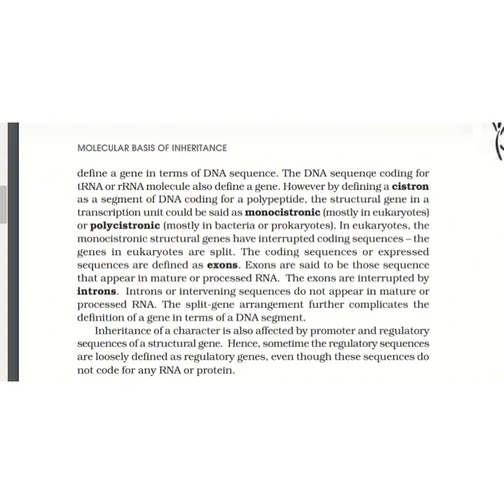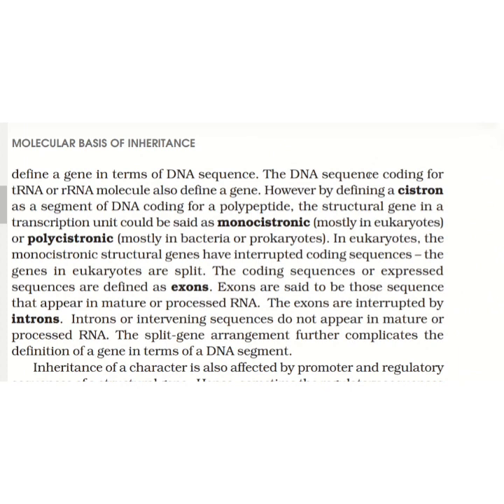The DNA sequence coding for tRNA or rRNA molecule is defined as a gene. However, a cistron is defined as the smallest segment of DNA coding for a polypeptide. The structural gene in a transcription unit could be monocistronic or polycistronic.